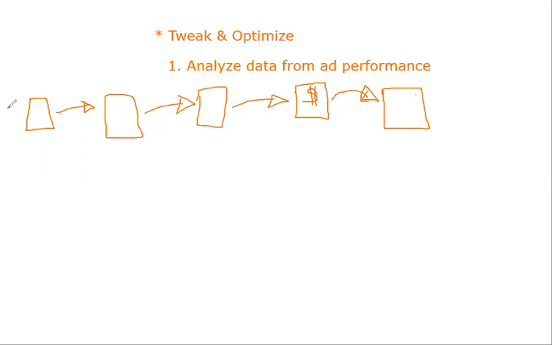So we can actually see how many people clicked on the ad, and how many of those opted in. Then once they opted in, how many went to the sales page and actually went to the order page, and from the order page, how many actually bought it.